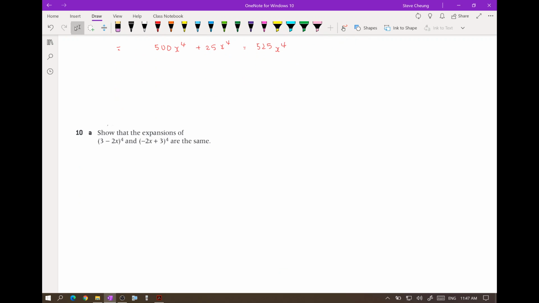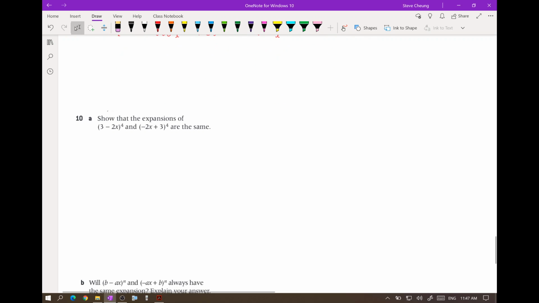And the last question, show that they're the same. So you literally have to expand it out. So again, we have 3 to the power of 4 plus 4 choose 1, 3 cubed. I'm just going to write it out. So this is this expansion, right?